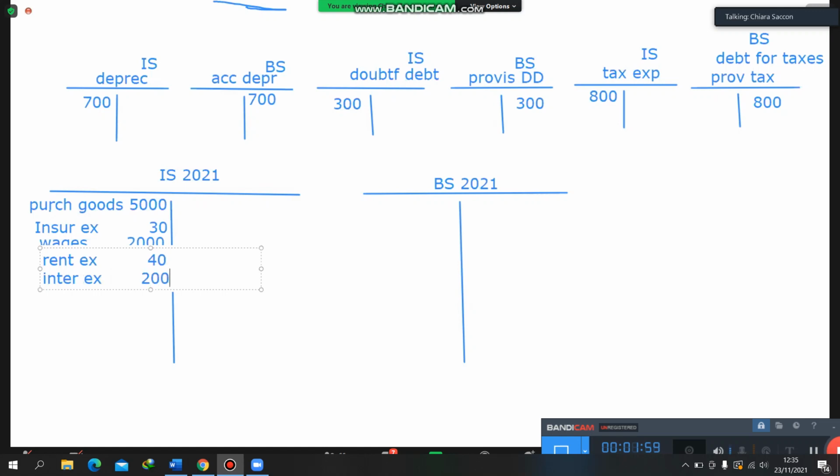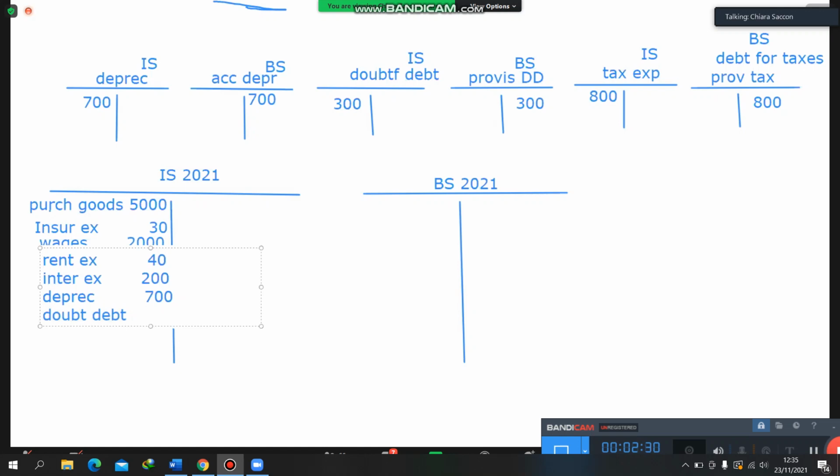Please check my solution because I can be wrong sometimes because I get confused. Depreciation, 700. Doubtful debt, or we said expected losses on a receivable.